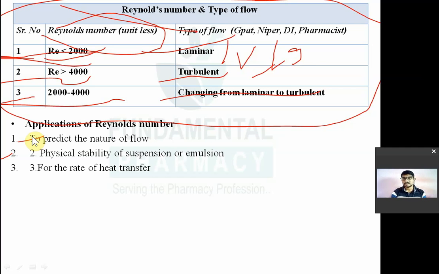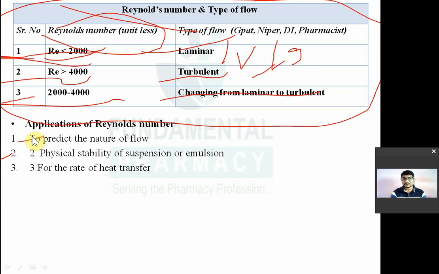But there is settling. Settling means there is a movement. So the velocity at which the particle gets settled can be utilized for determining the stability of suspension and stability of emulsion. In case of emulsion, it is the rate of settling of globules.